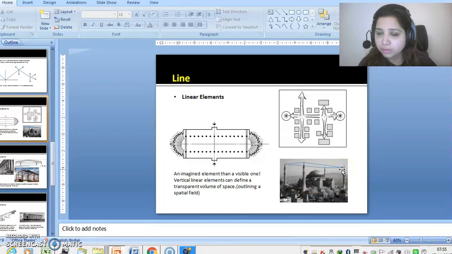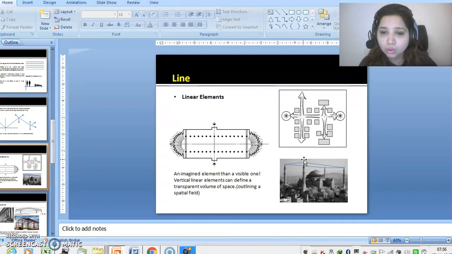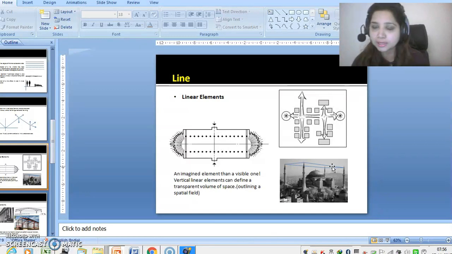This is arbitrarily taken, and it is trying to say that this is the field we are talking about, these points which were vertically extended, and how they are enclosing a transparent volume, and this is a spatial definition to it. So I hope this point is clear.